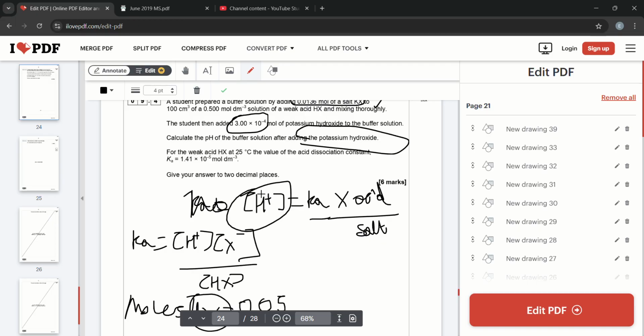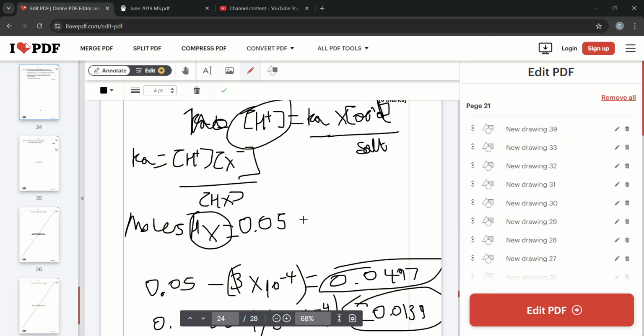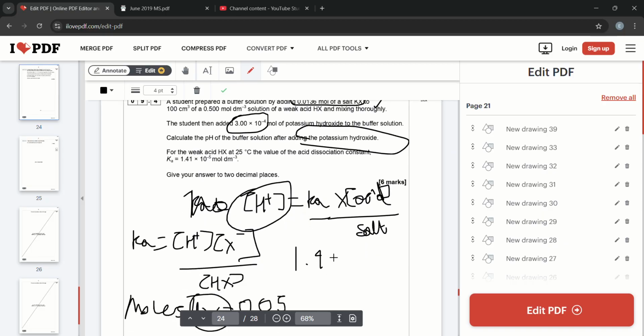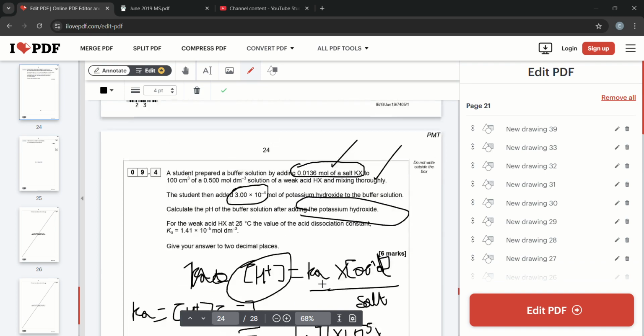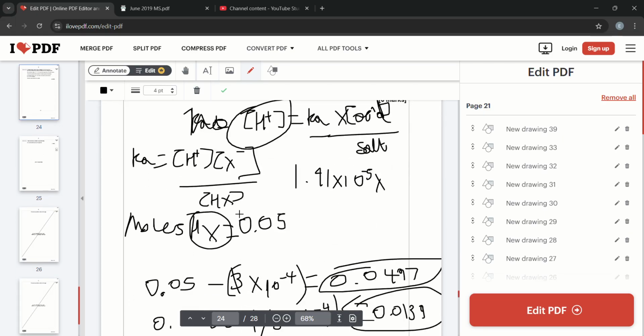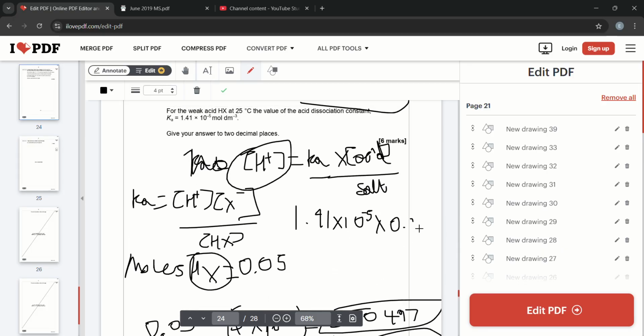This is why I'm manipulating. At the beginning, H plus equals Ka times acid divided by salt. The reason is, now we found the values. H plus is Ka, 1.41 times 10 to the power of minus 5, times the acid. Well, which one's the acid? The acid was HX, the moles of HX, 0.05 minus this, so 0.0497.